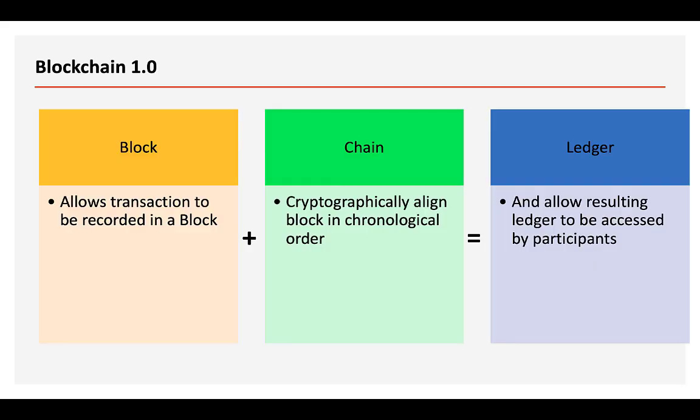So in blockchain 1.0, which came about with the introduction of Bitcoin blockchain back in 2009, the idea is that you would create blocks with transactions, and these transactions are recorded into a block, and anybody can create a block, and the block that is selected has to solve a cryptographic puzzle as a way of proving their proof of work.